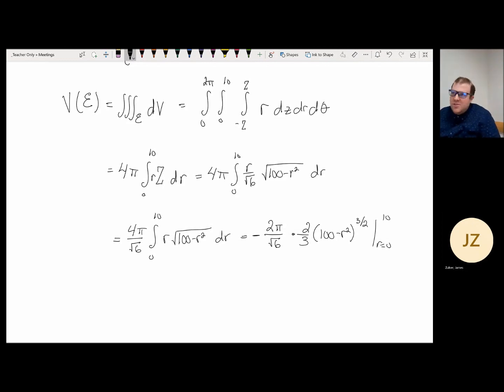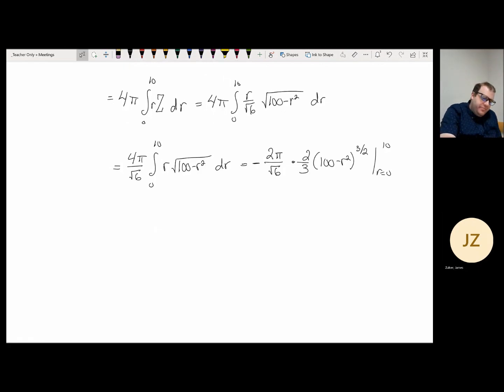So we get 2/3 times 100 minus r squared, all raised to the 3/2 power. Evaluate that from 0 to 10. At 10, that whole thing is 0. So we're going to minus negative.